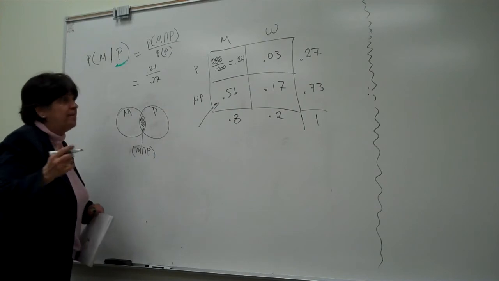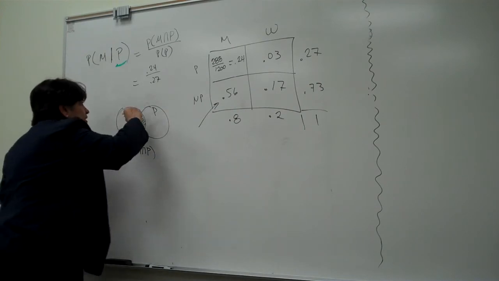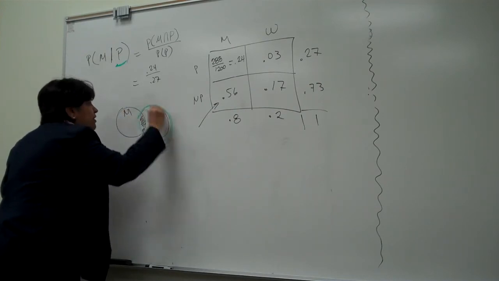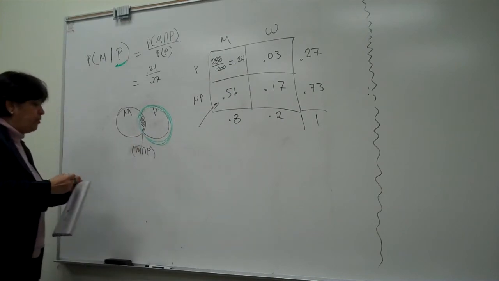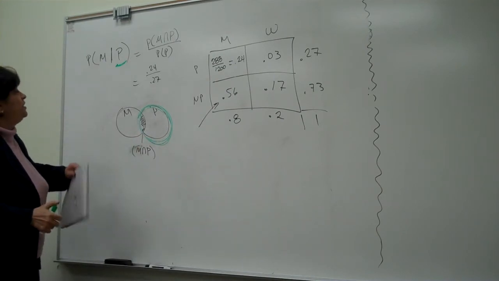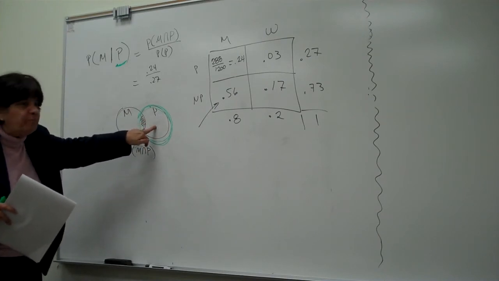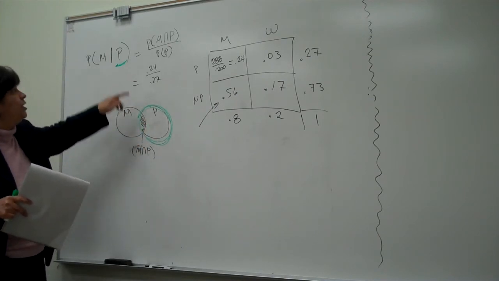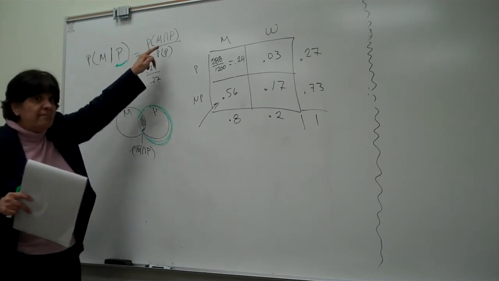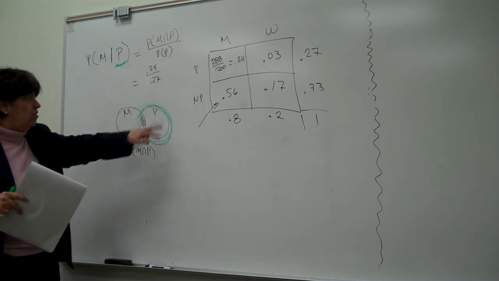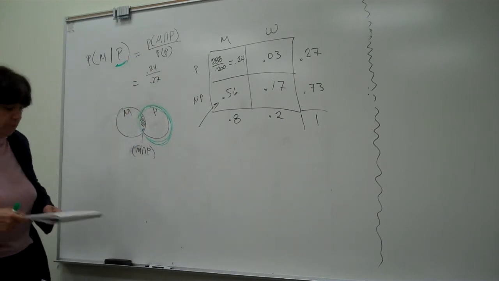This already happened. Now my sample space is only going to be this part. So what is the probability then that it is a man given that it was promoted? This is my sample space. Now the probability has to be equal to the probability of men and promoted divided by the probability that it was promoted.